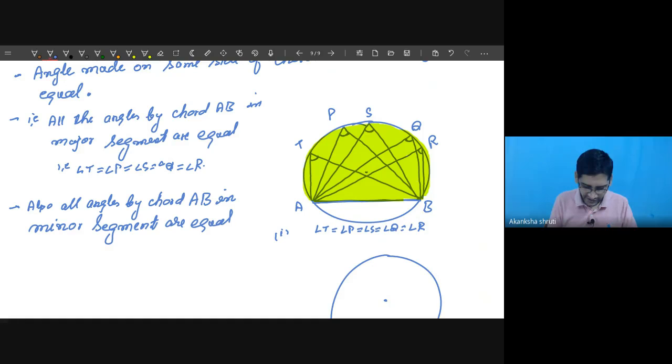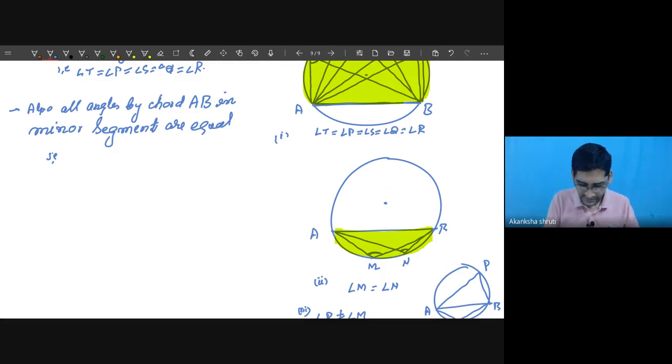This is the second thing. So come to this figure. Angle M is equal to angle N. If we denote them by some other symbol, like θ1 and θ2, then one may use θ1 is equal to θ2.